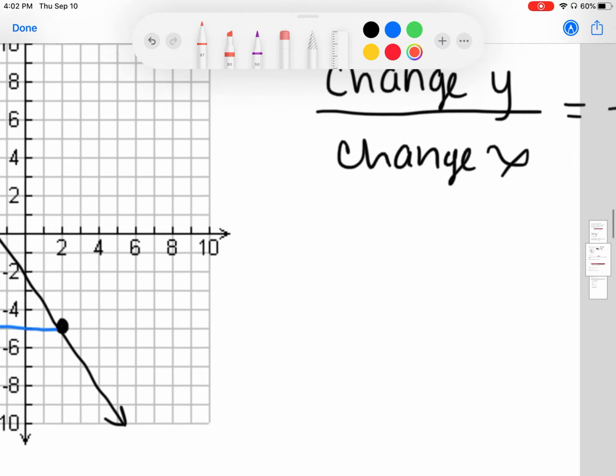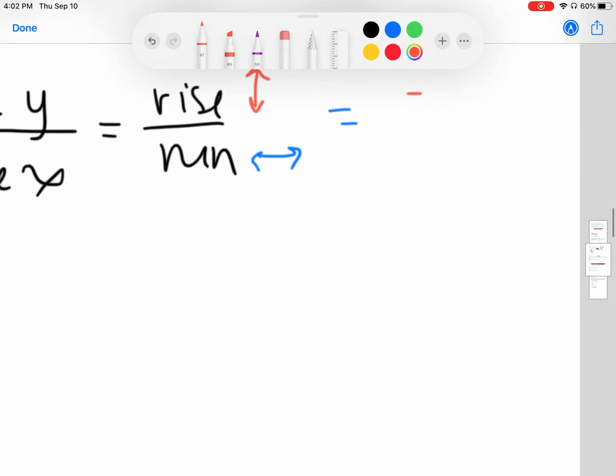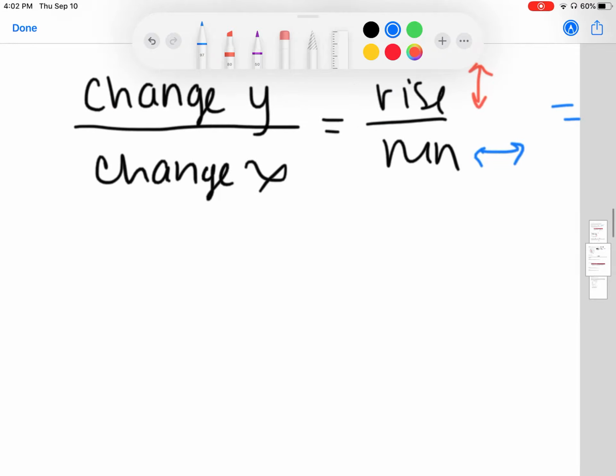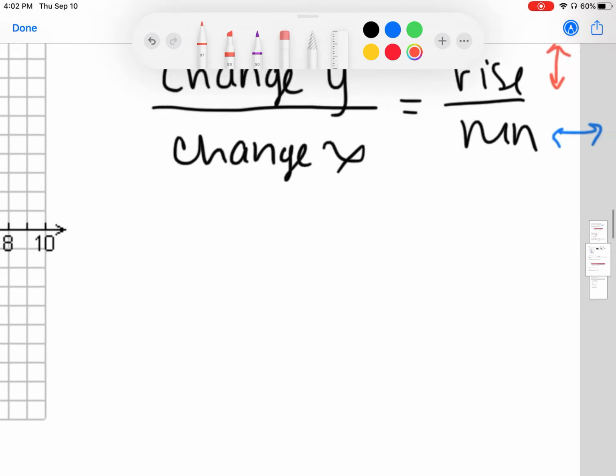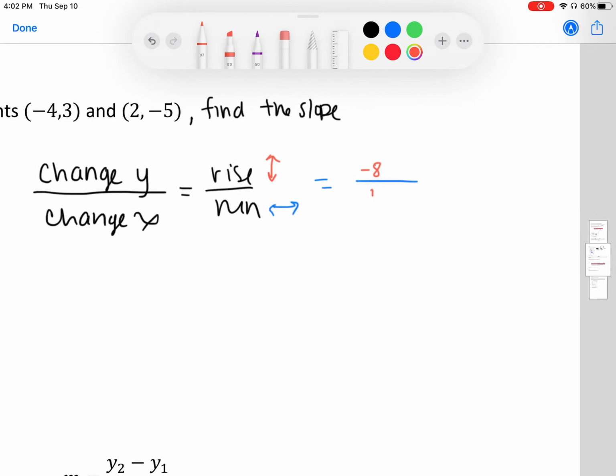We went down 8, so I'll write -8. And then our run will go to the right 1, 2, 3, 4, 5, 6. So 6 to the right, and we went 8 down. So that is our slope, our change of y over change of x.